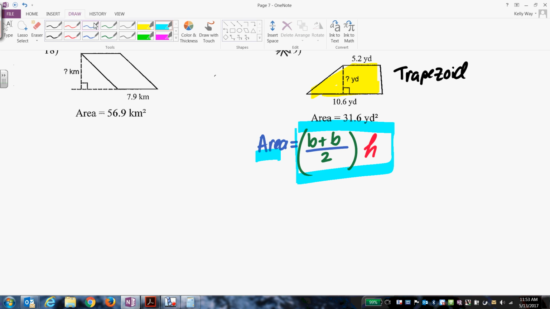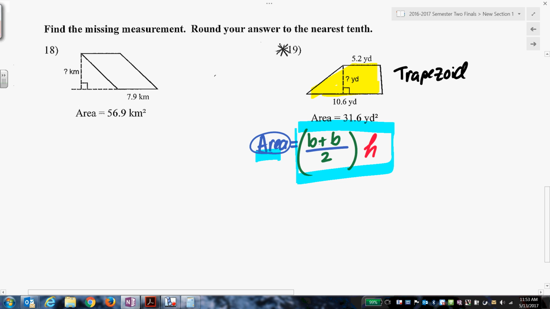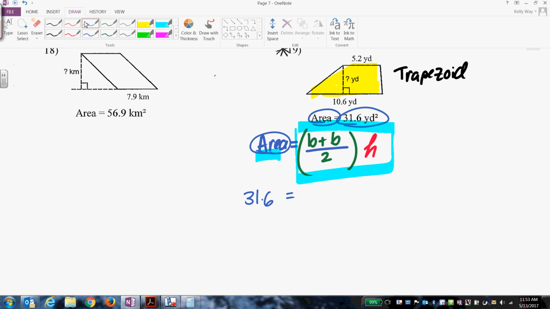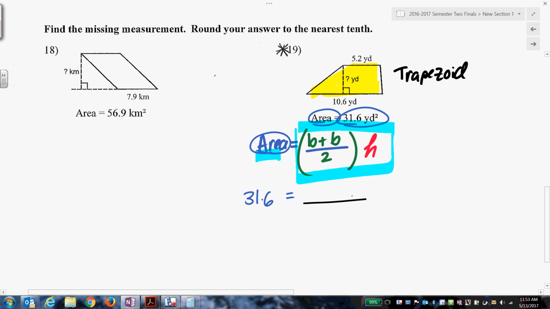Now let's circle, plug, check. Circle the word area. Oh, look, we actually have the area. Circle one base.